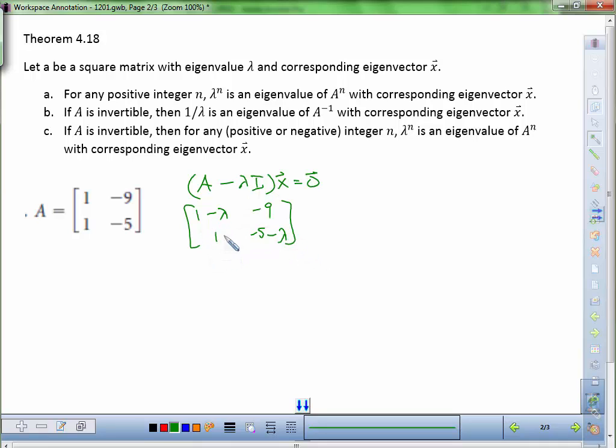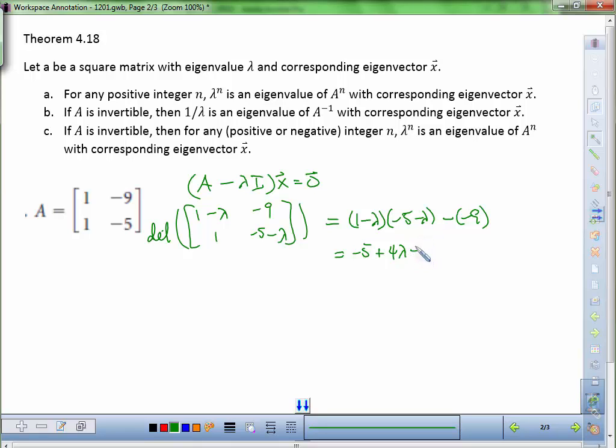So anyways, if we can find the determinant of this, this is our characteristic polynomial. The determinant of this is equal to 1 minus lambda times negative 5 minus lambda, minus negative 9. And we want to find the solutions for this, so we need to multiply everything out. Minus 5 minus lambda plus 5 lambda is plus 4 lambda.